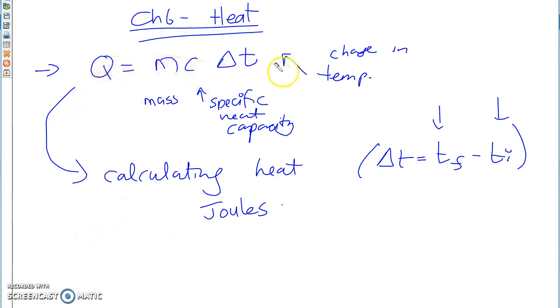So when we're talking about the specific heat capacity right here, we're talking about an object gaining heat or losing heat. For example, when we talked about your water going from a certain temperature to another temperature. Now, what state are we talking about here? Do they tell us what state this is? Does it matter?